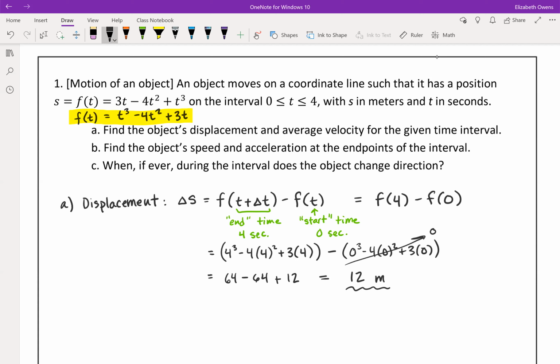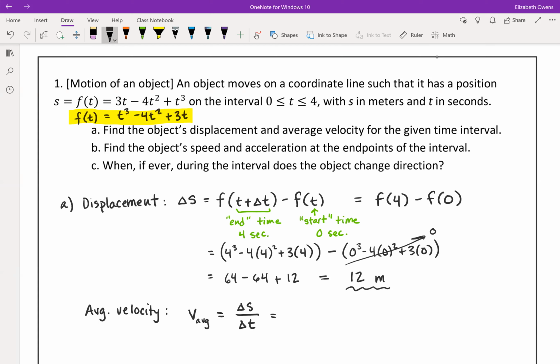Okay, and then we also want to find the average velocity in this first part here. Average velocity, that is our V avg, V sub average. And the definition for that was the distance traveled over the time elapsed.